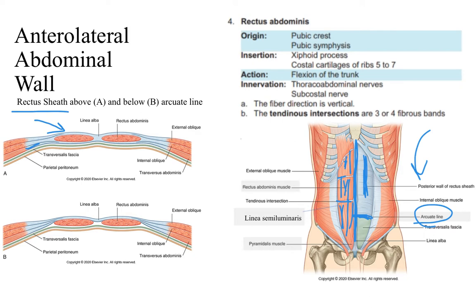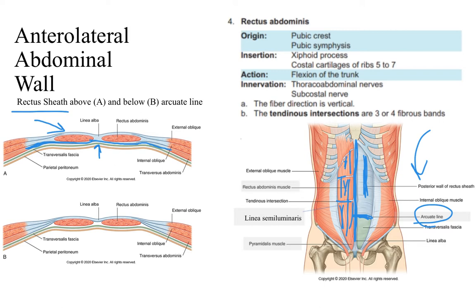Here's your transversus abdominis aponeurosis going underneath, or behind rather, the rectus abdominis muscles and coming out. And then this green represents the transversalis fascia. All right, and you can see that right there underneath the rectus abdominis muscles.